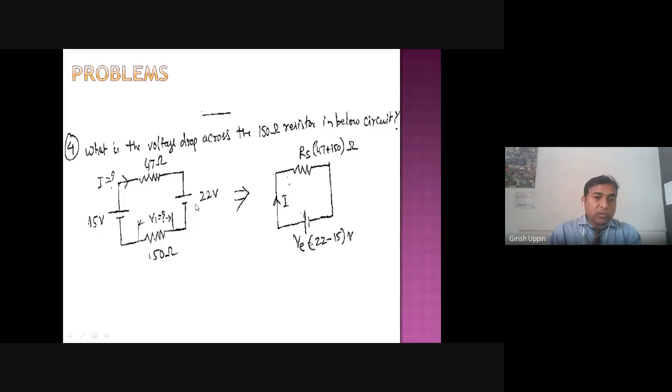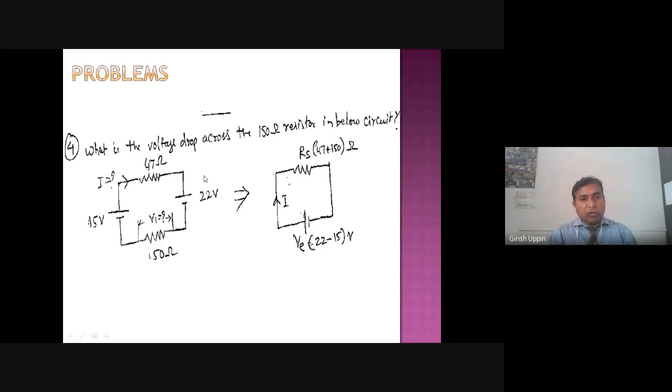And for the voltage sources, in this particular scenario, this voltage source is trying to send the current in the opposite direction of this voltage source. That is why the effective voltage source in the circuit is 22 minus 15, that is 7 volt. So now it is a very simple circuit. You have 197 ohm here, and the voltage source V is 7 volt. Okay, you should be able to calculate the current.